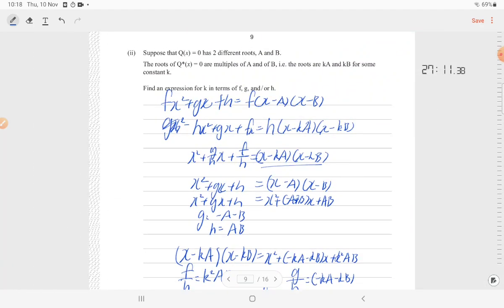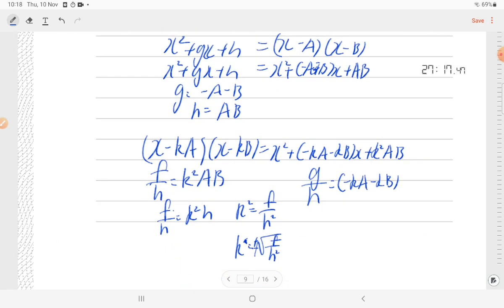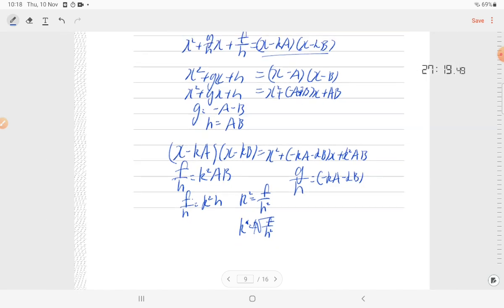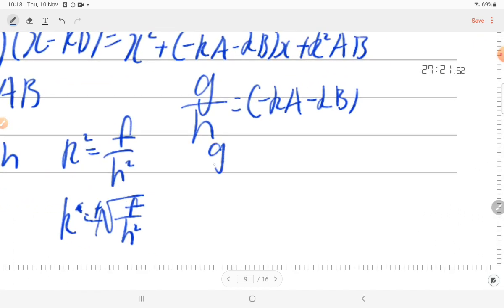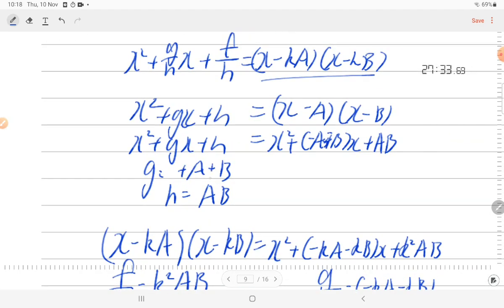Alright. g over h is equal to negative k brackets a, okay, a plus b is equal. Wait, no, negative.